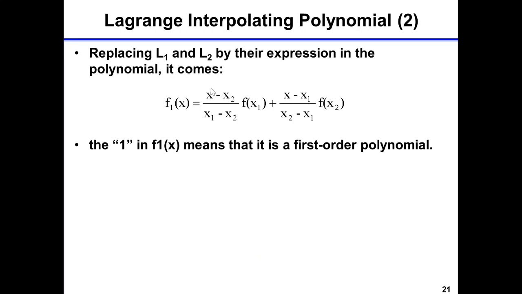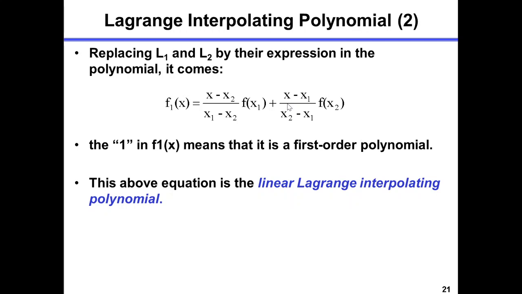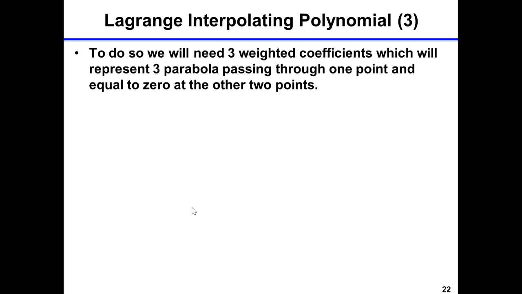We're going to replace the L1 and L2 here, so we find f1 of x, the first order polynomial. Like before, this f1 means the first order polynomial, but I just put the weighted average. This L is the Lagrange weighting average. So the above equation is the linear Lagrange interpolating polynomial. That's another method that we can use.